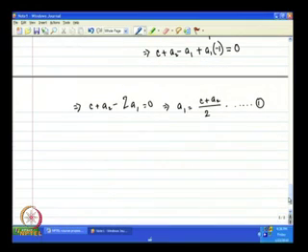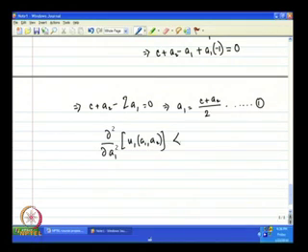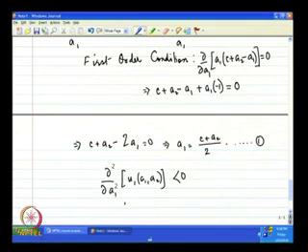Now, notice if I am maximizing a function with respect to a variable, this is a necessary condition, the first order condition, but there is a second order condition which is the sufficient condition, which says that this should also be satisfied. And it is satisfied here because the left hand side is minus 2, which is less than 0.